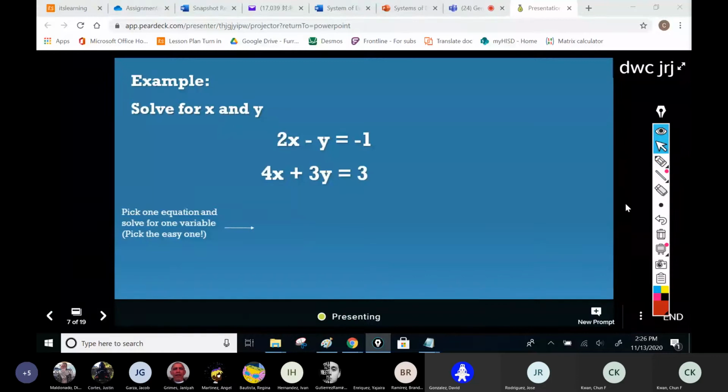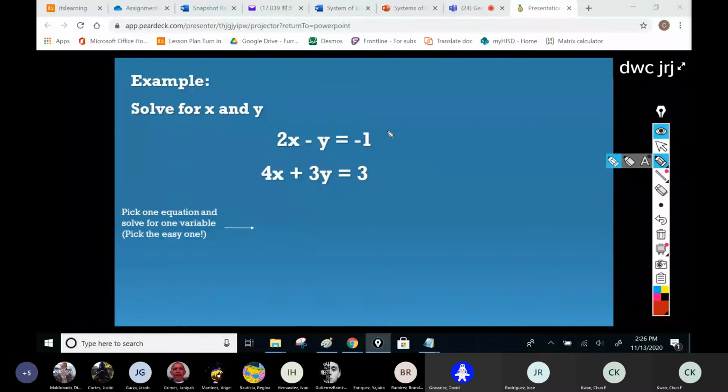So you should pick the one with no numbers in the front, all right? Whichever variable has no number in the front, that is the one that you want to pick. So pick the one that is easier. So in other words, out of these four choices, you want to pick the one that has no number in the front.